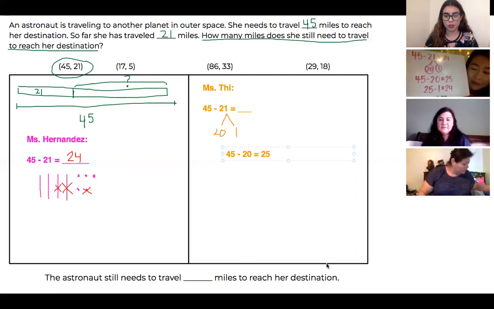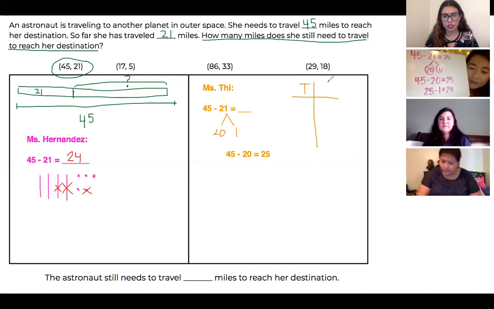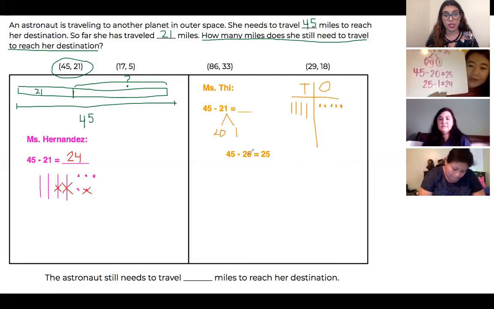Beautiful. And I'm going to put a visualization here for our friends who may need that scaffold. Some of us may not, just to show you what Miss T did. So she had the 45, 1, 2, 3, 4, and then 5. And then she took away the 20, right? 2 tens, because you're not taking away any ones, there's 0 ones.